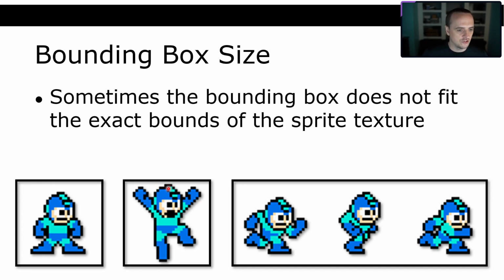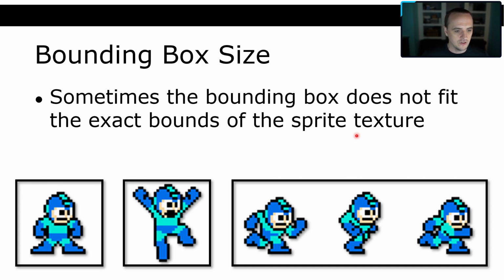So when Mega Man is jumping, you can see here that the pixels that are drawn for Mega Man are much higher and much lower than when he's just standing still. And over here, when Mega Man is running, he occupies much less horizontal area than when he's in this stage of his animation, or when he's standing still, or when he's jumping, right? So in some cases, he's going to be occupying more space or less space than other times.